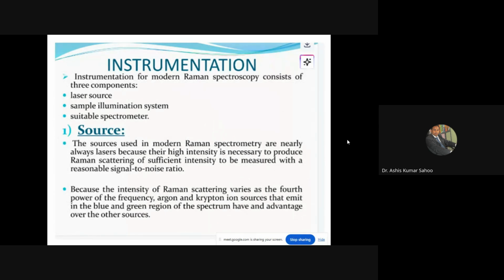The sources used in modern Raman spectrometry are nearly always lasers because high intensity is necessary to produce Raman scattering of sufficient intensity to be measured with a reasonable signal to noise ratio. Because the intensity of Raman scattering varies as the fourth power of frequency, argon ion sources that emit in the blue-green region of the spectrum are used.